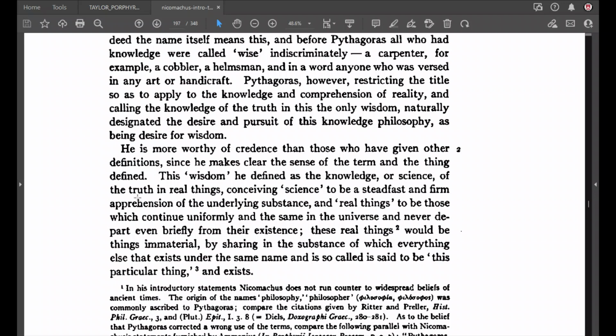These real things would be things that are not material, immaterial, by sharing in the substance of which everything else that exists under the same name is so called and said to be this particular thing. So if we say man, and there's 100 different creatures, and every one of them we point to and say, this is a man, this is a man, this is a man, this is a man.